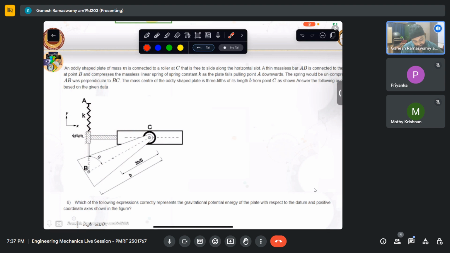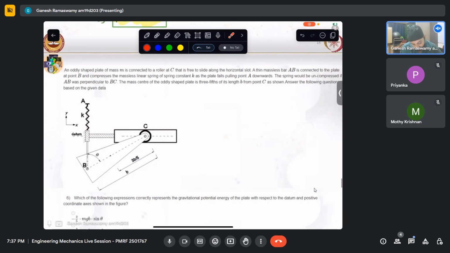An oddly shaped bar of mass m, so this has a mass of m, is connected to a roller C which is free to slide. A thin massless bar AB, so this massless bar is there, is connected to the plate and compresses the spring. Why this compresses? Because the spring's other end is put here. Now when this bar goes down, naturally the spring will get compressed.